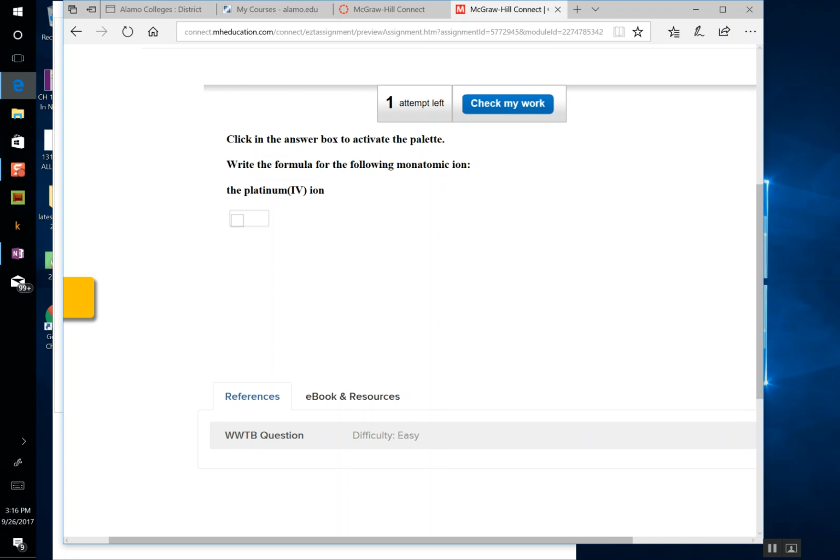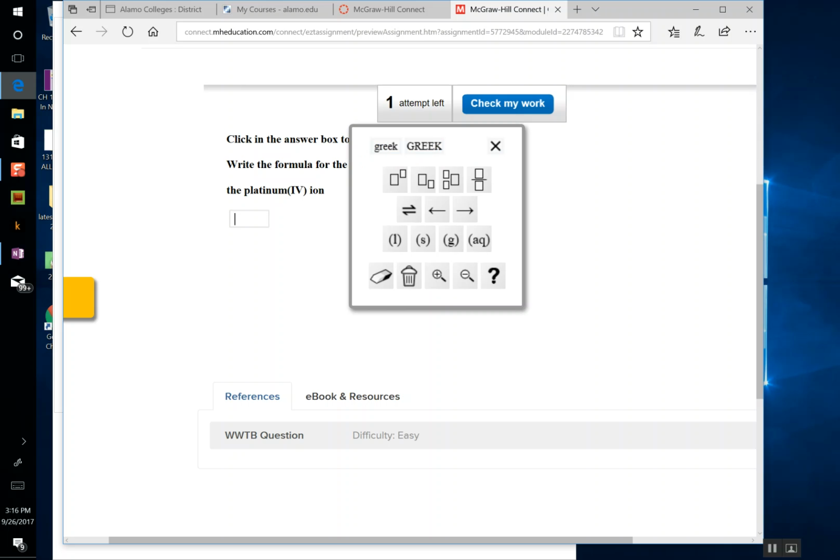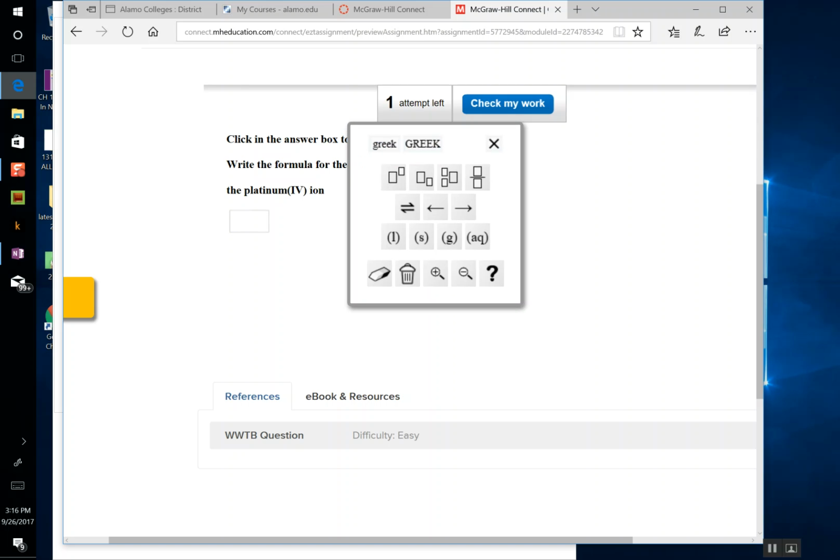So I want a P. Click the answer box. Let's try that one. Oh, not that one. Which one do I want, folks? That one? That doesn't look right. I usually just right key and then click the arrow.